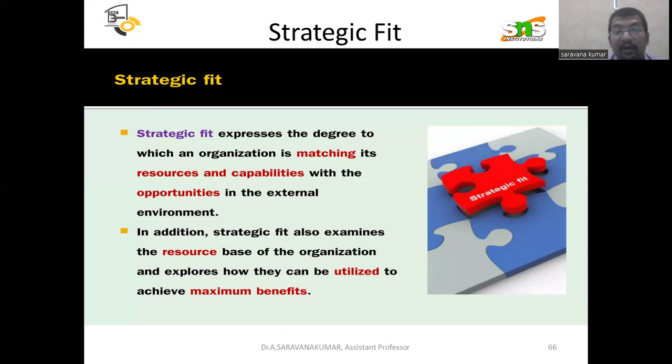So in strategic fit, it must be suitable not only for the internal environment but also the external environment. In addition, strategic fit also examines the resource base of the organization and explores how it can be utilized to achieve maximum benefit. Whether the strategy is suitable for the organization, only then will you get maximum benefit. Maximum benefit in the sense that the customers will be more and also the profit will be more.